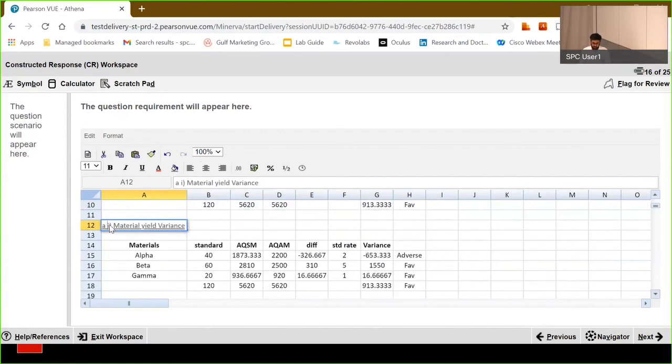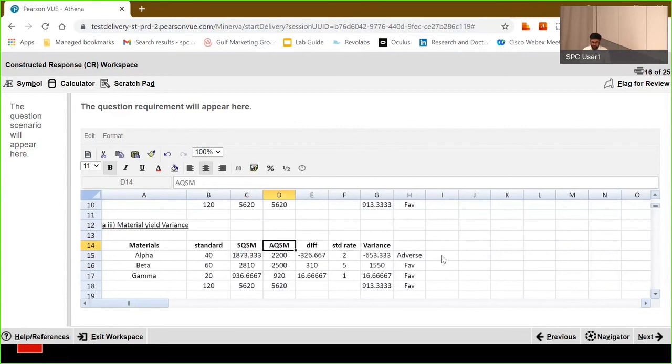This is requirement A3. Material yield variance formula, we'll write it. The formula for material yield variance is standard quantity in standard mix and actual quantity in standard mix, difference multiplied by standard rate gives you variance.